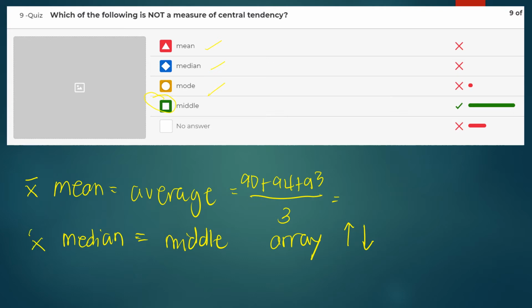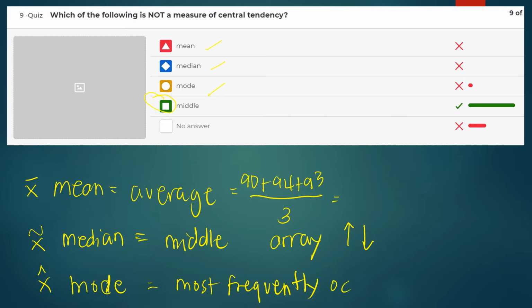So, this is denoted by X curl. And then, for the mode, denoted by X hat, that will be the most frequently occurring number. Pag sinabing most frequently occurring number, this is the number that appears most in a given set of data. Okay, so the answer here is middle.